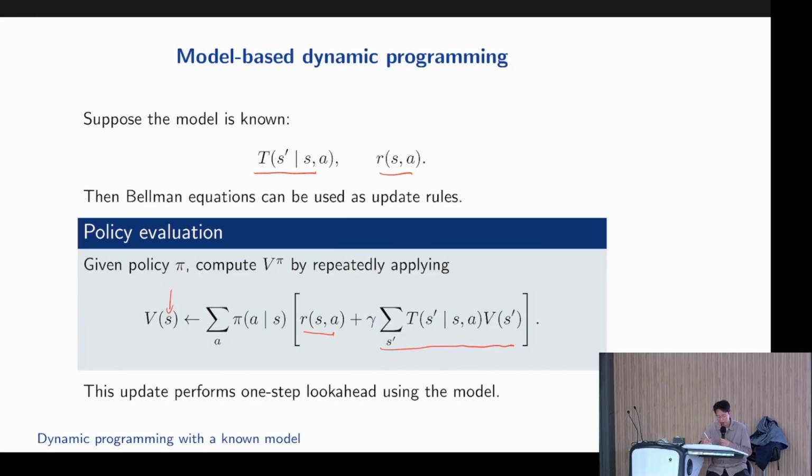You want to look ahead into the future, compute some expectations and update your current V of S. You randomly initialize your values in the beginning and repeatedly apply this update, and it's going to converge. Why does it converge? We're going to prove it towards the end of the lecture. It's going to converge to a unique optimal solution.